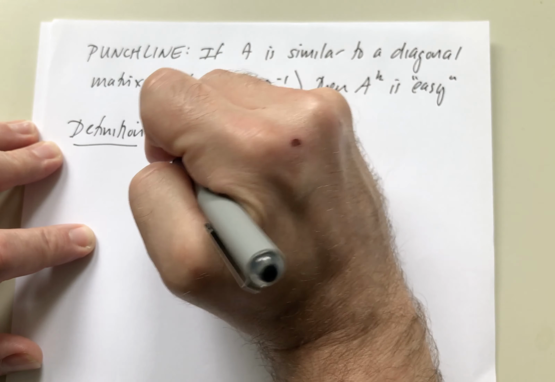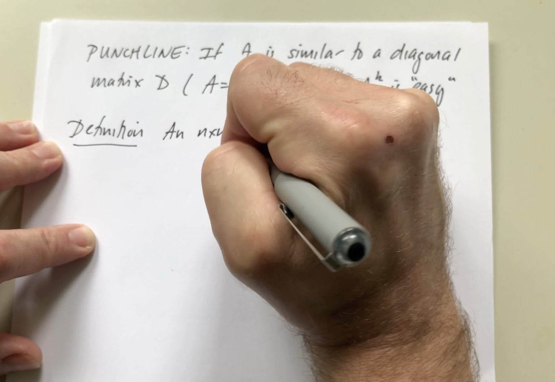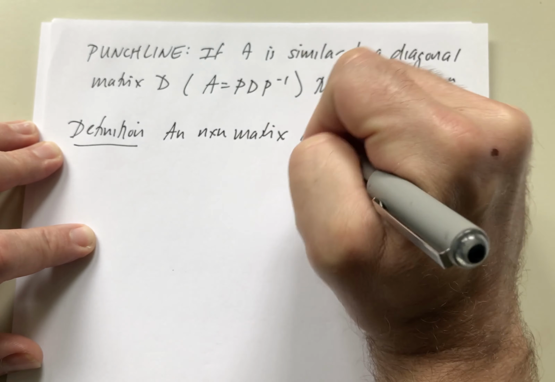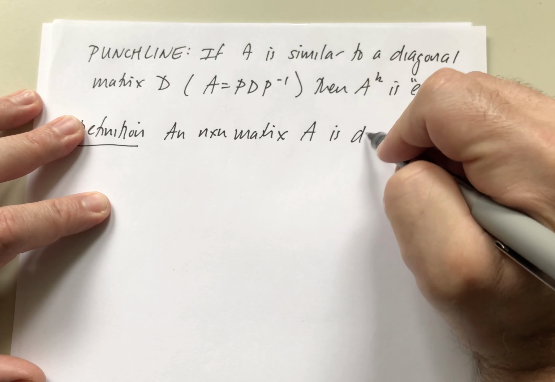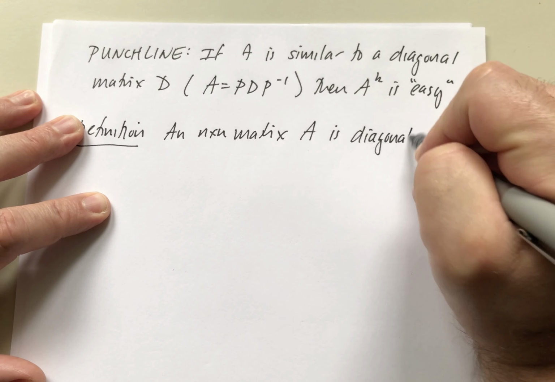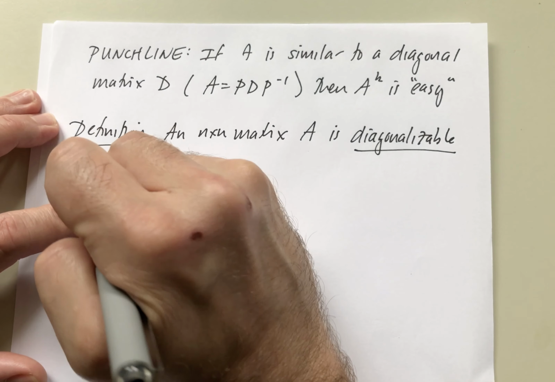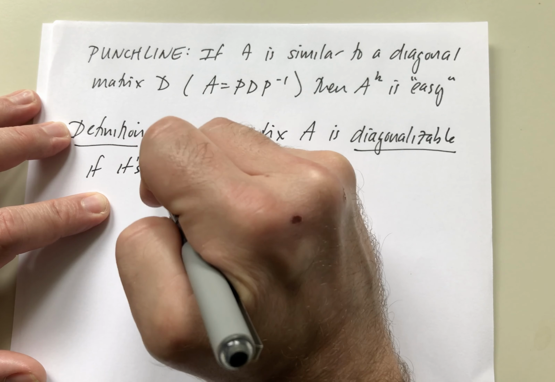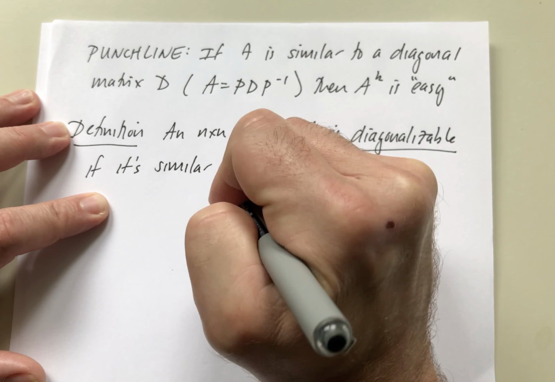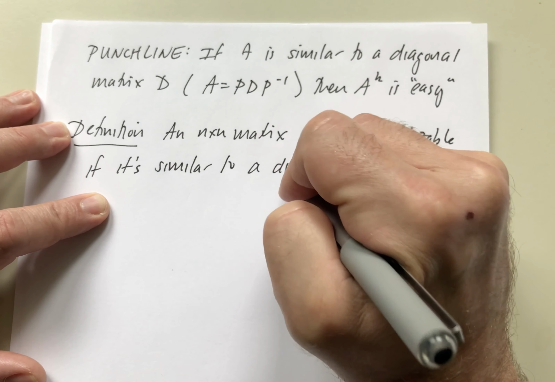We say that an n by n matrix A is what's called diagonalizable if this happens, so if it's similar to a diagonal matrix.